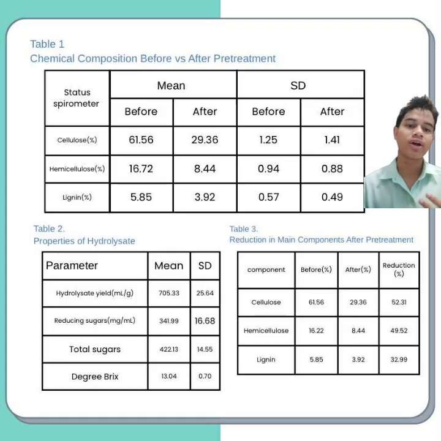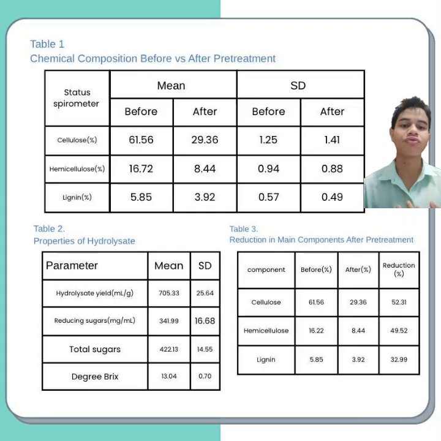Hydrolyzate yield was 705.33 plus minus 25.64 ml per gram dry feedstock. Reducing sugars 341.99 plus minus 16.6 mg per ml.